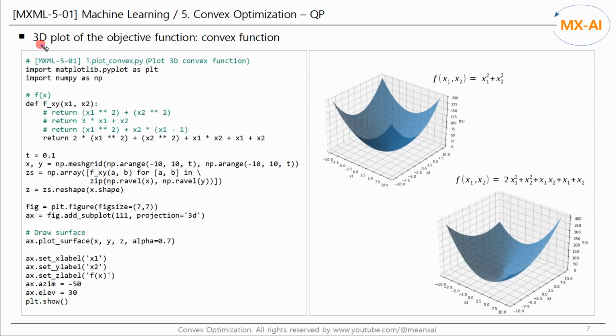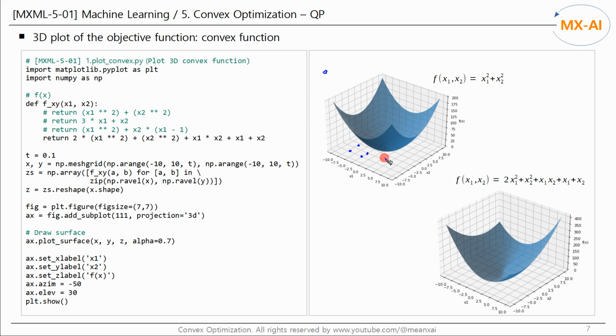For reference, let's write code that draws the objective function from the previous page in three-dimensional space. This code has already been used in linear regression and logistic regression. Here, we will only check the results. The results are as follows. Multiple points were generated using the mesh grid on the x1 and x2 plane.